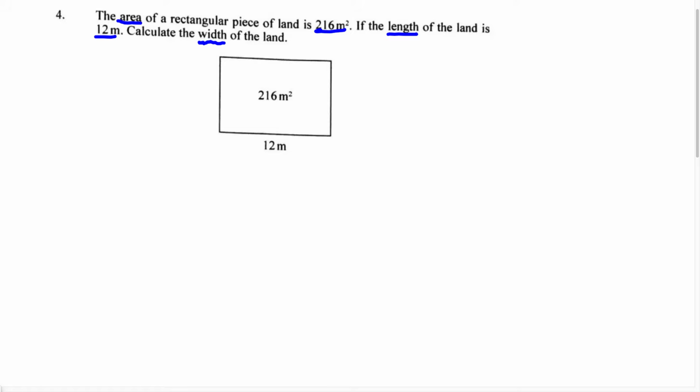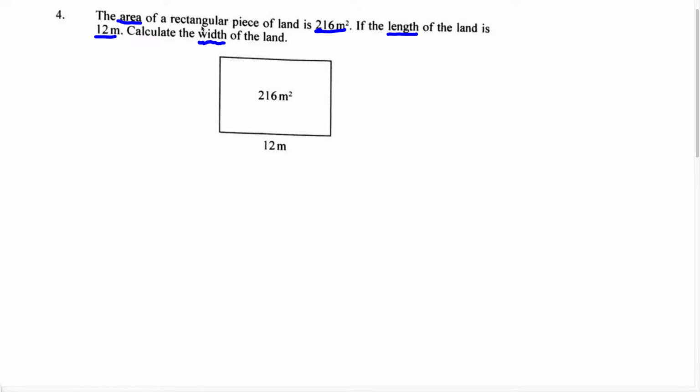Now, which formula should you use? Should you use the square formula, the rectangle formula, the circle formula? Well, the question tells you the area of a rectangular piece of land. So they tell you rectangular. Because they give you the word rectangular, we know they're talking about a rectangle.